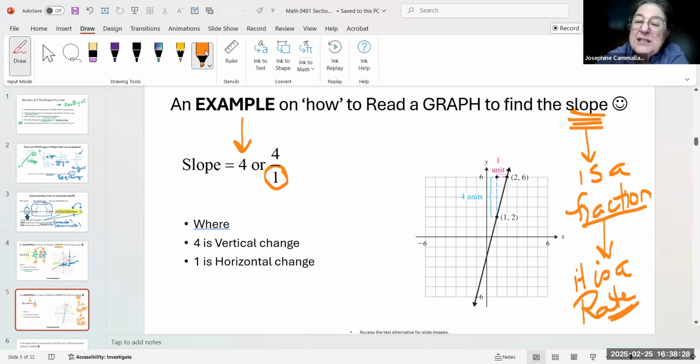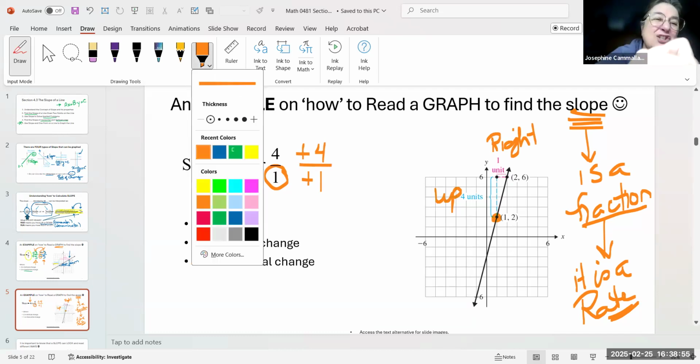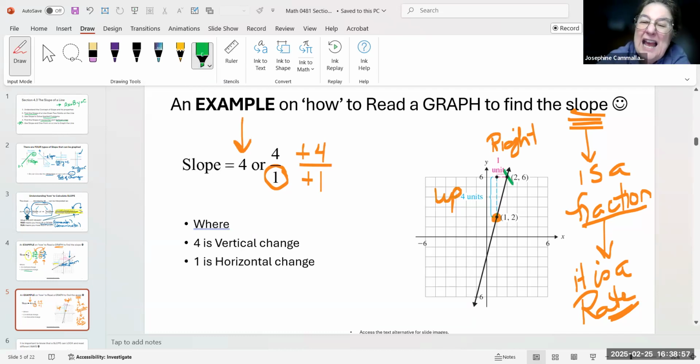Now, the easiest point is I start right here with my orange dot. I'm going up 4, which makes this a positive 4. And I'm going right 1. But remember, I can actually go backwards.